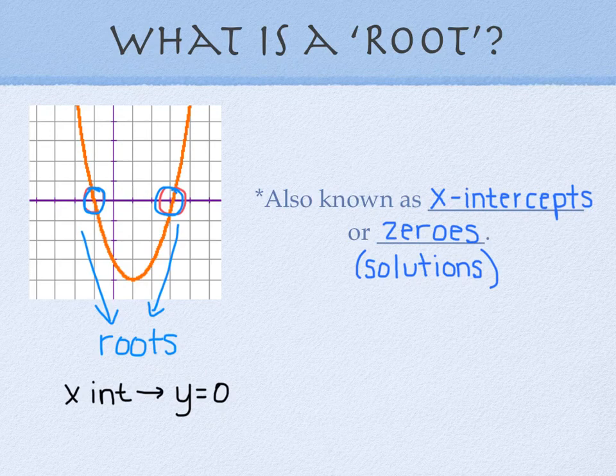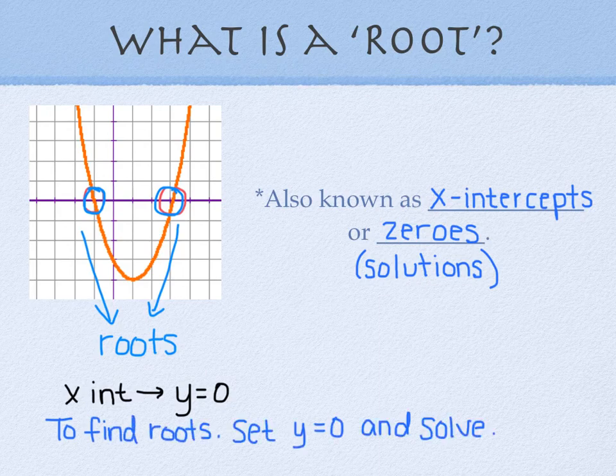So anytime I ask you to find the roots, if I hand you an equation and I say find the roots, you're going to take that y value, make it a 0. Take the y value, make it a 0.